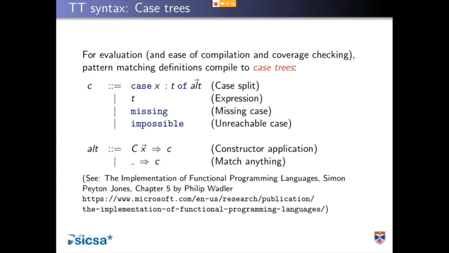Just as a note on case trees, to implement this, the translation from pattern clauses to case trees, I basically read off chapter 5 of this book by Simon Peyton Jones, The Implementation of Functional Programming Languages. Chapter 5 is written by Philip Wadler, and it explains how to efficiently compile pattern matching definitions to case trees.